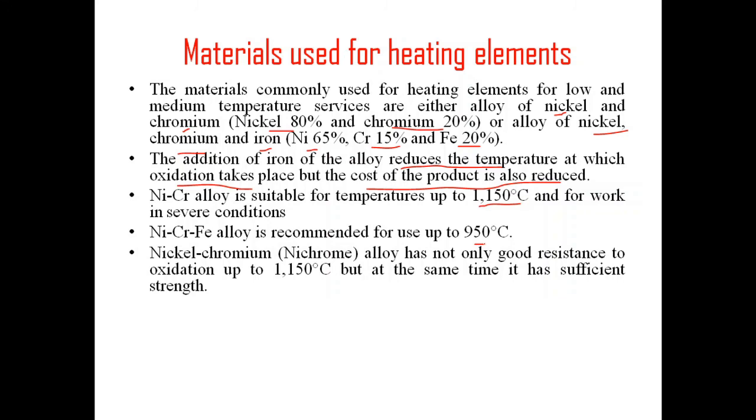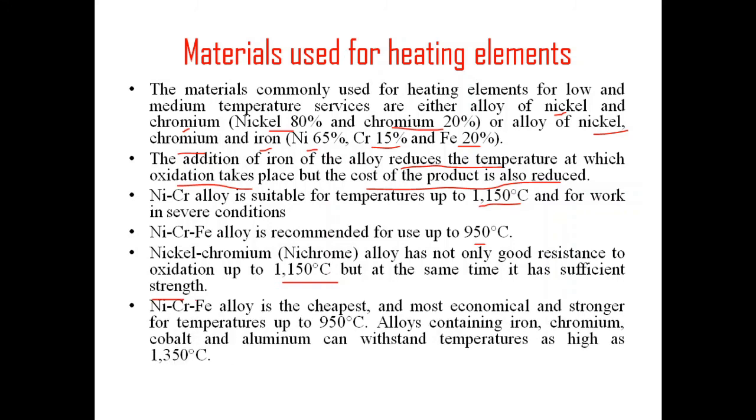So generally we won't use nickel, chromium, iron, we use nickel and chromium, that is nichrome. Nichrome alloy has very good resistance to oxidation up to 1150 degrees Celsius, and it also has good mechanical strength, so that we can mold it into the required shape. That is an advantage.